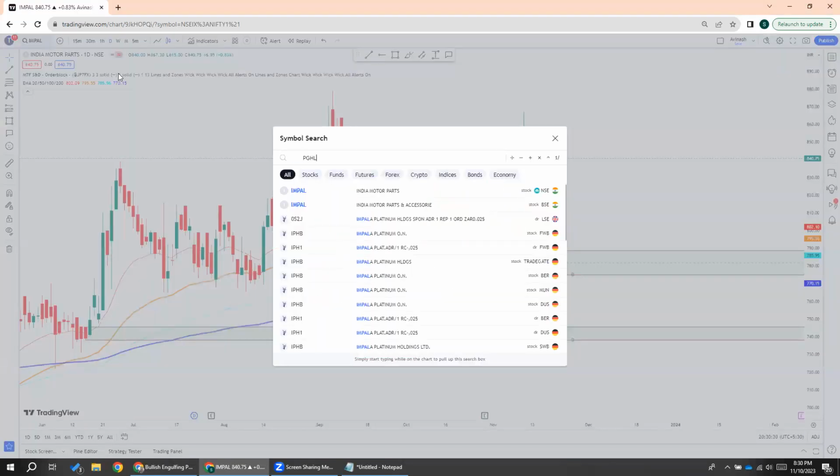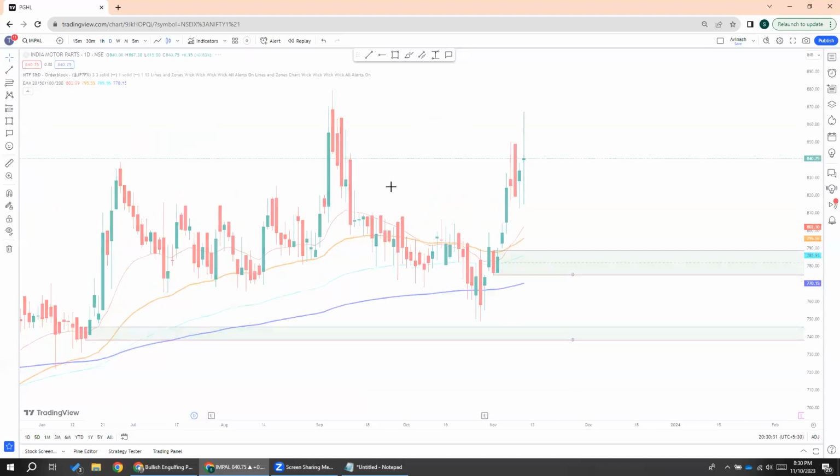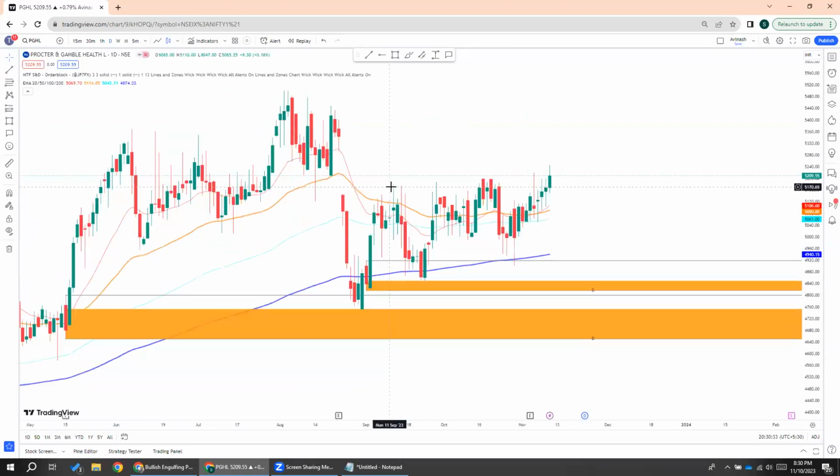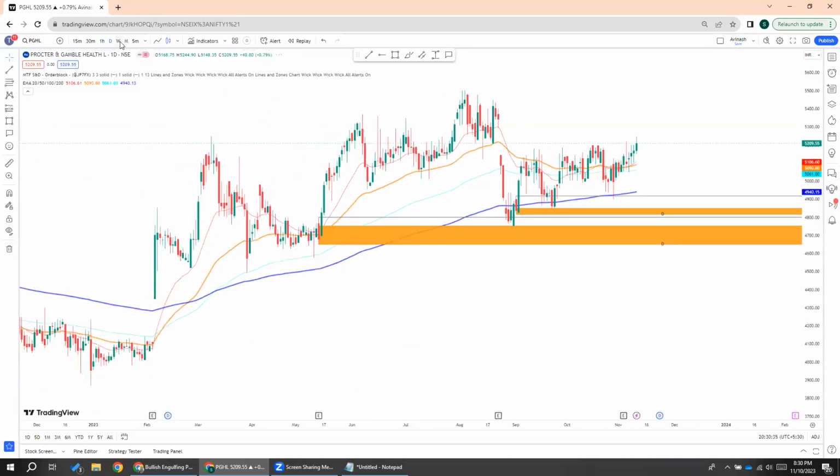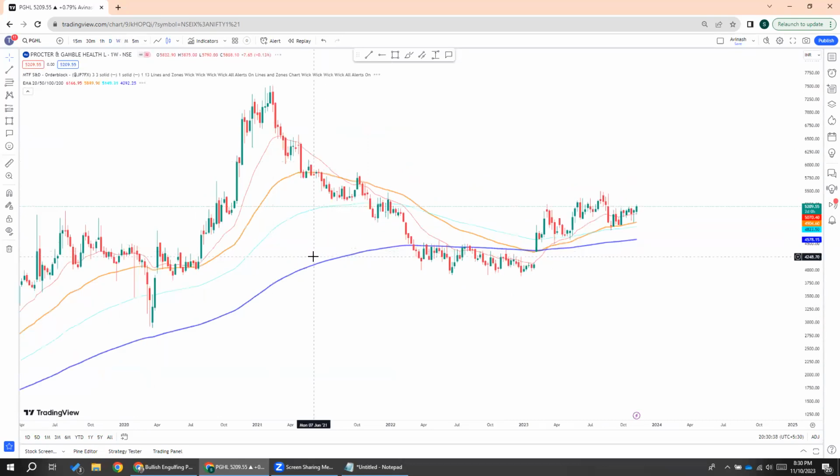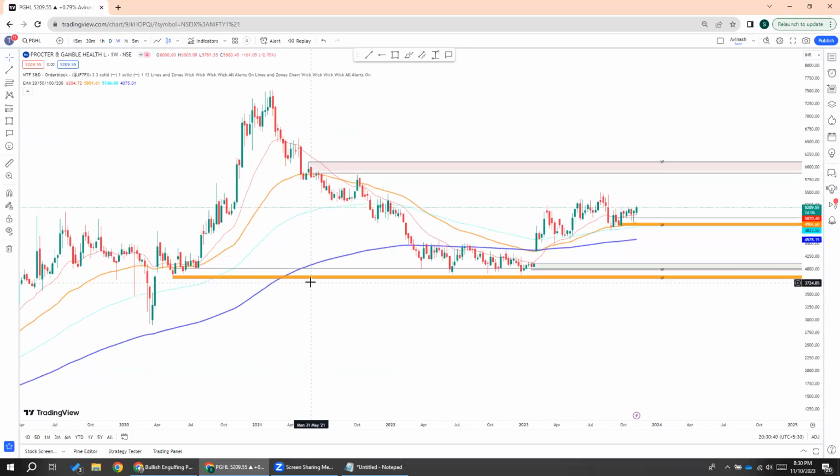Nice one. Go for this. 5,000 to 6,000 is very much possible. If you are considering buying a stock whose current price is 5,000, you can consider this.